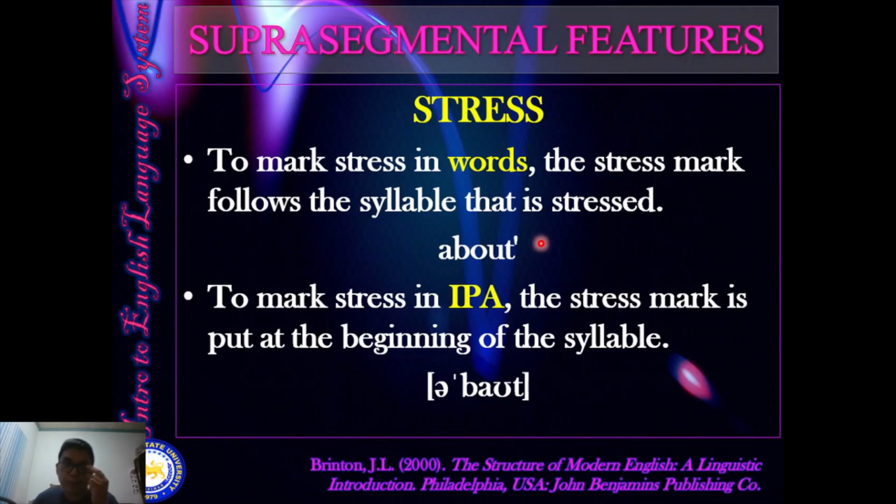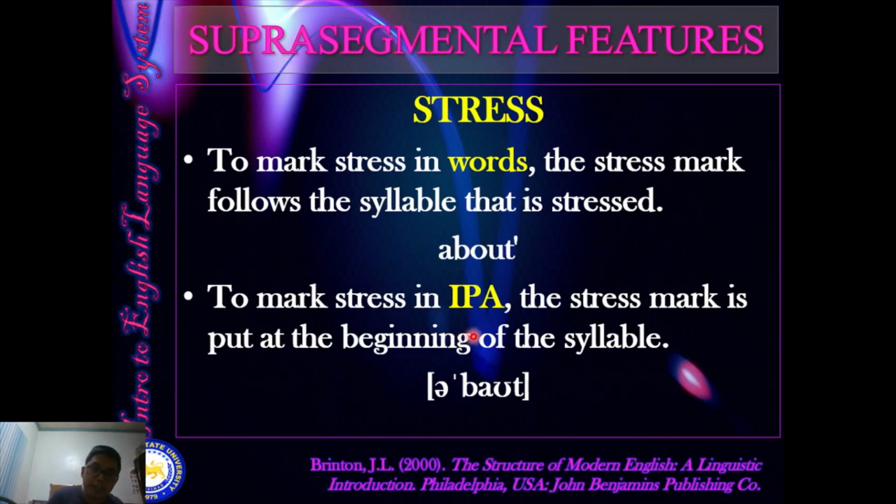Now, you might have also noticed, why is it that the stress looks a bit different in IPA? Because, class, to mark stress in words, the stress mark follows the syllable that is stressed, such as this one. Your stress in this word is about. So, about.